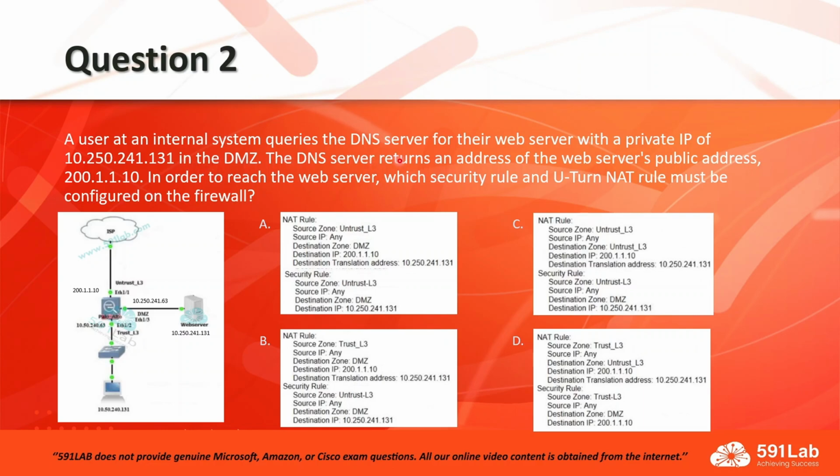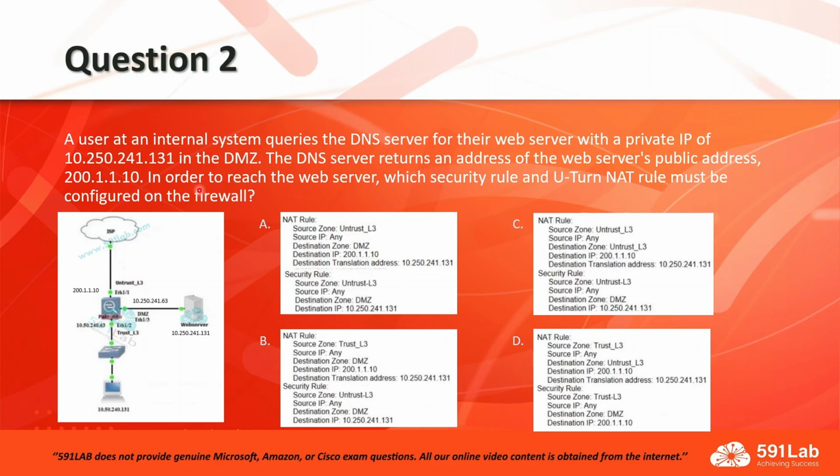The DNS server returns the web server's public address, which is 200.1.1.10. In order to reach the web server, which security rule and U-turn NAT rule must be configured on the firewall?